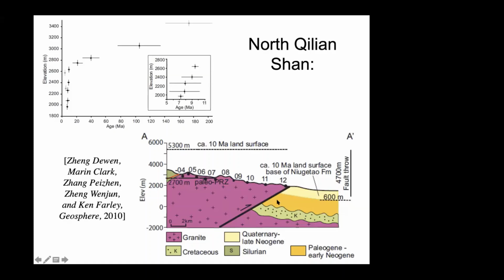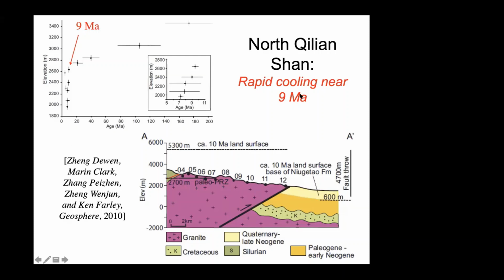What they did was to take samples of this granite at different elevations and date when that rock cooled below a temperature of 60 or 70 degrees using uranium, thorium, helium dating. And what you see is at the top, when you're at high elevation, as you come down, the ages become much, much younger until you get to 9 million years, and then all of a sudden, bang, everything cools rapidly.